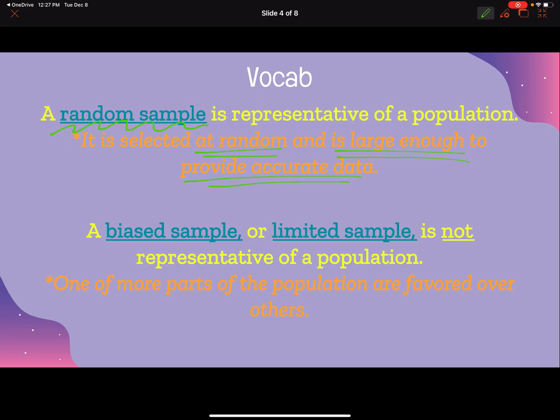A biased sample, or sometimes called a limited sample, is not representative of a population. One or more parts of the population are favored over others. That's what makes it biased. If something is favored over other options, then it's what we call biased.